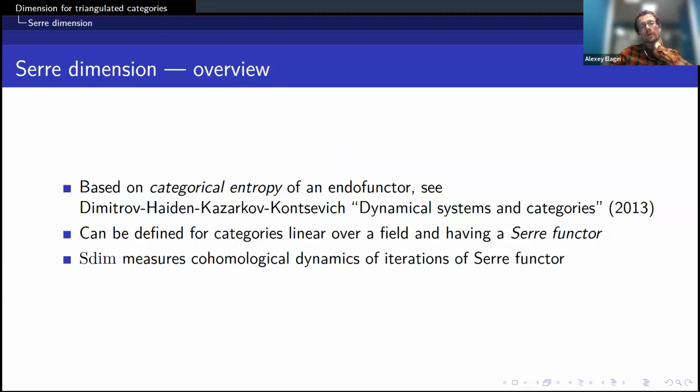So this can be defined only for categories that are linear over some field and that have a Serre functor. And roughly speaking, this dimension measures how iterations of the Serre functor applied to some fixed object behave in the sense of their cohomology, whatever it means.